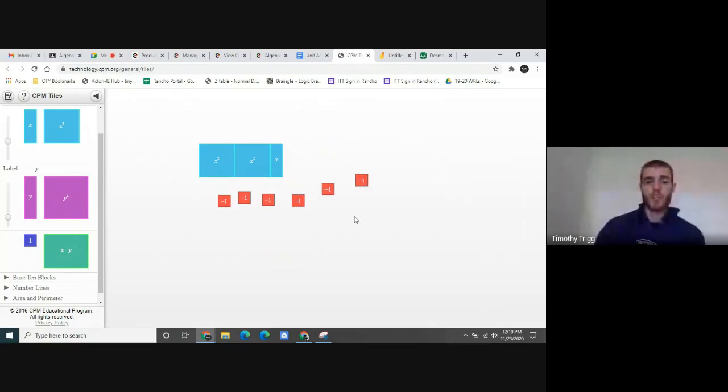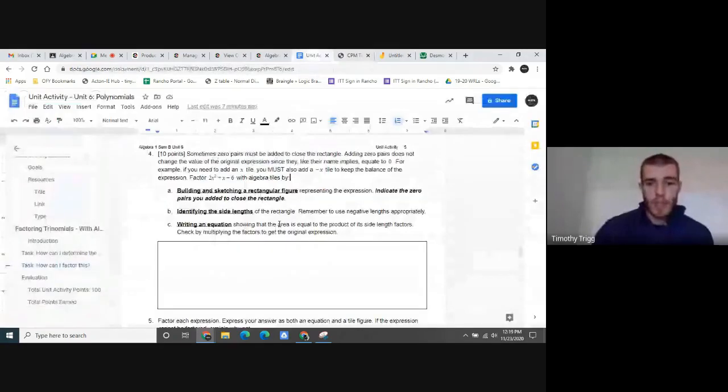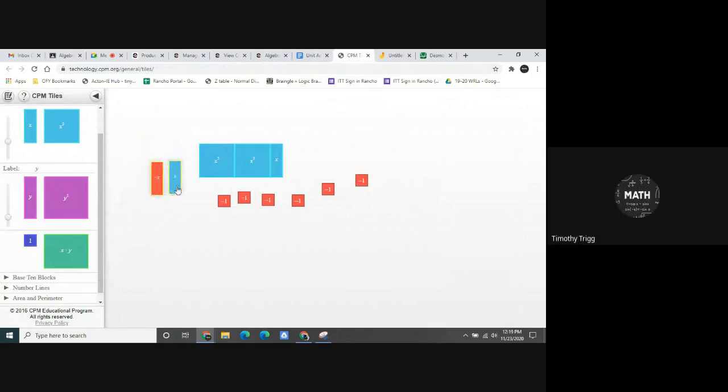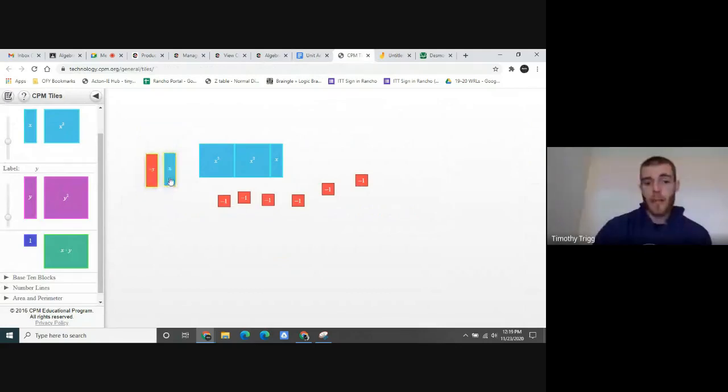Well, there's a trick to this, and it mentions it right here. It says you can add a 0 to it. So if we add a positive x and a negative x to this, so if I add an extra x and an extra negative x, I'm actually just adding a 0.